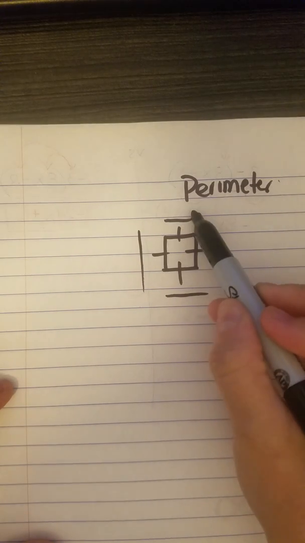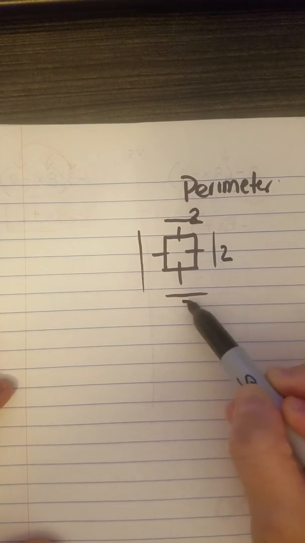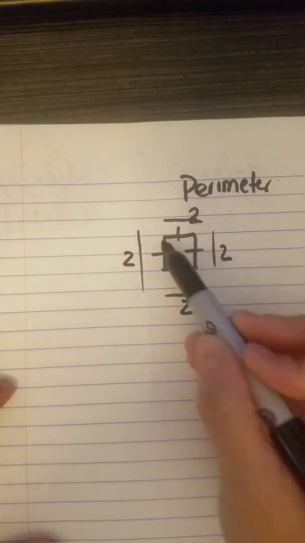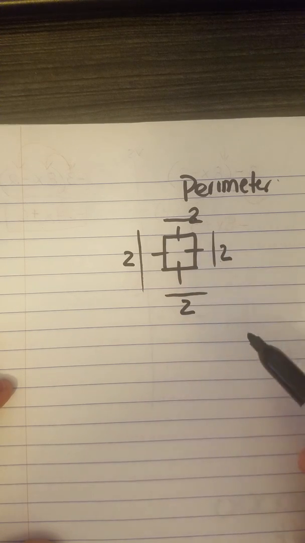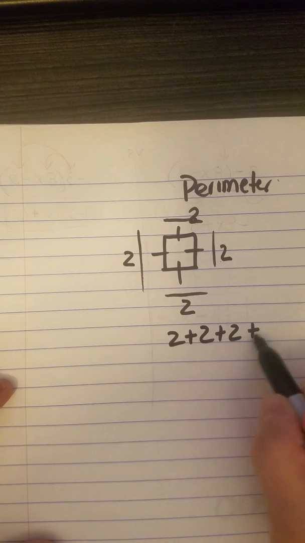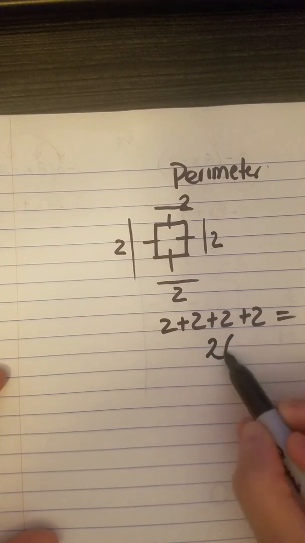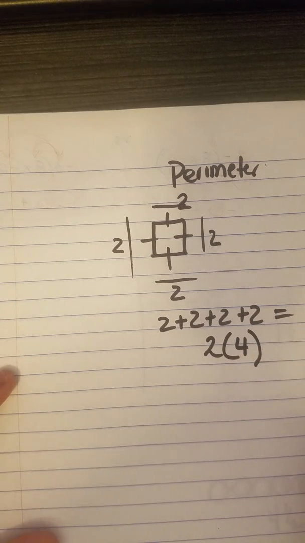So if this is 2, the perimeter is 2 plus 2 plus 2 plus 2, because a square has all the same sides, which is the same thing as 2 times 4, correct?